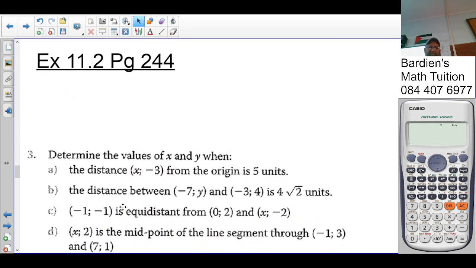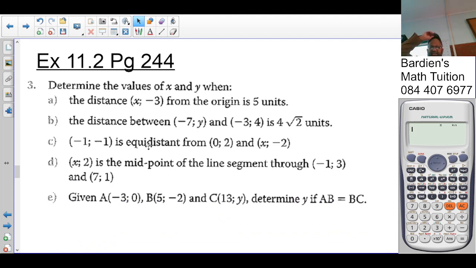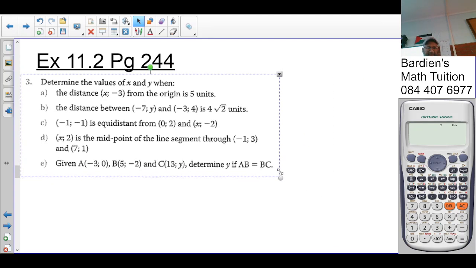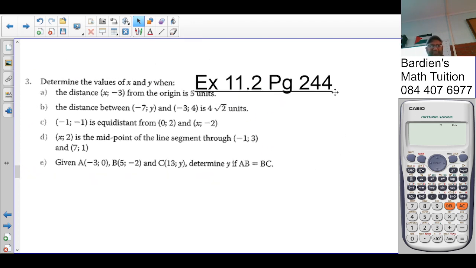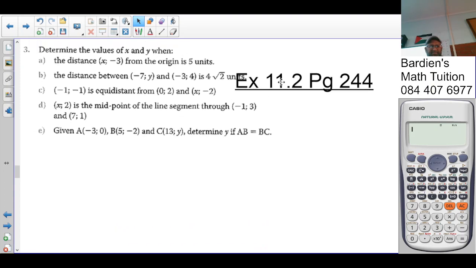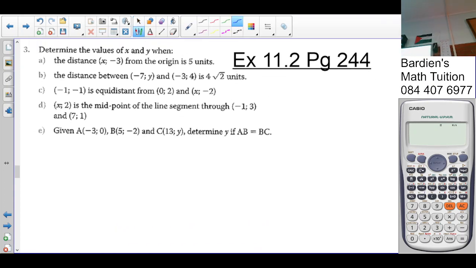Then you have to go on to number 3. Number 3 says determine the value of x and y. The distance from the origin is 5. Any problems here? Yes. Which question? A. So here we are told that the distance from the origin is 5.